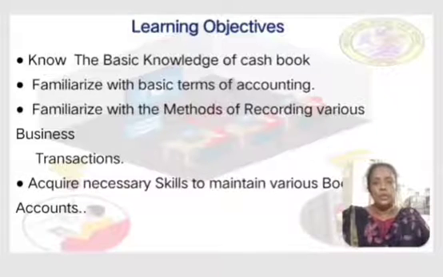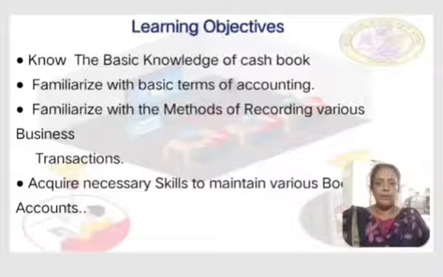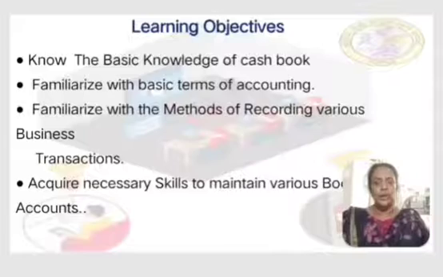The objective here is to know the basic knowledge of cash book, familiarize with terms of cash book accounting, and also methods of recording or solving some problems on the cash book.